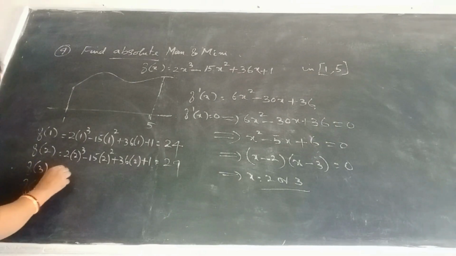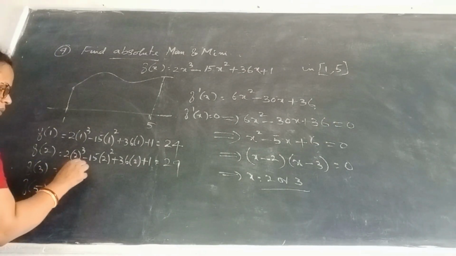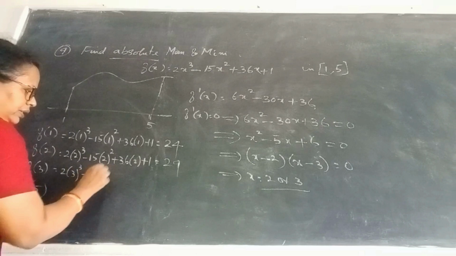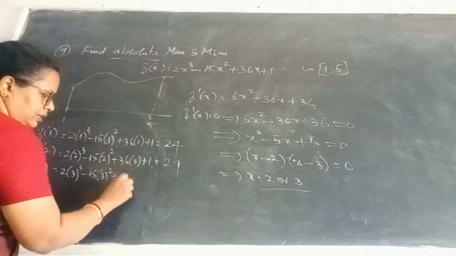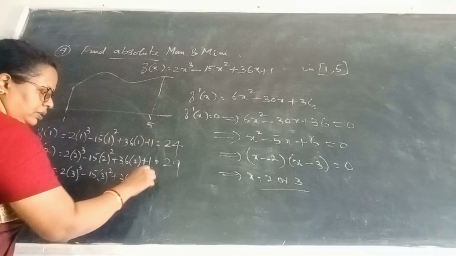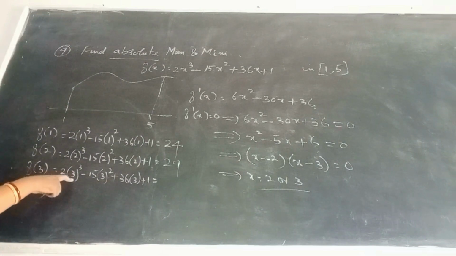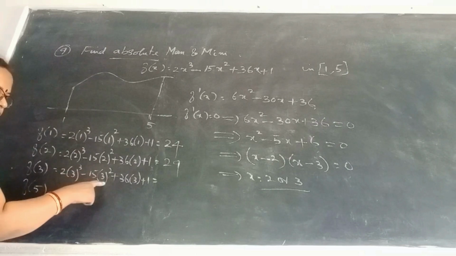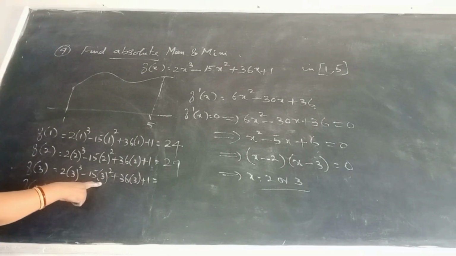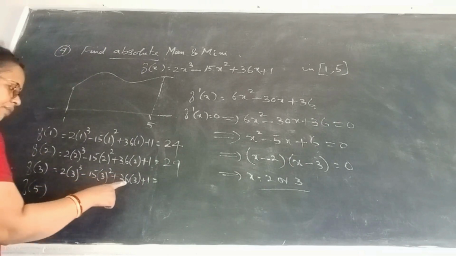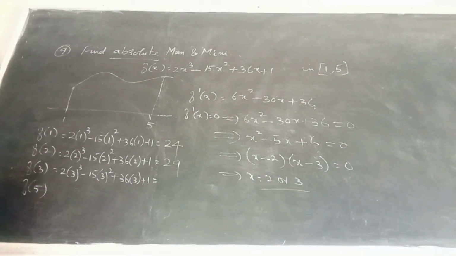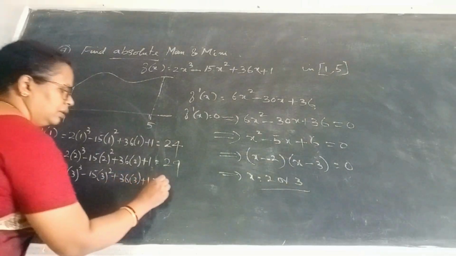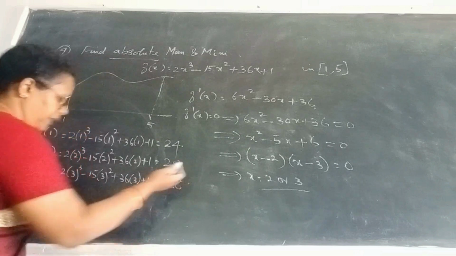F of 3 is 2 into 3 cubed minus 15 into 3 squared plus 36 into 3 plus 1. Simplify it. 3 cubed is 27, 2 into 27 is 54. 3 squared is 9, 15 into 9 is 135. 36 into 3 is 108. It is 28.